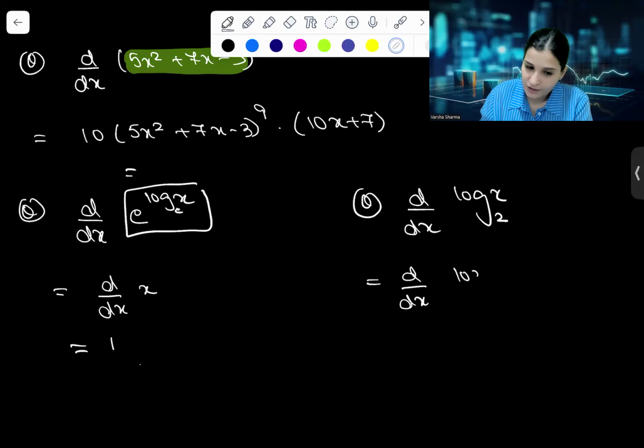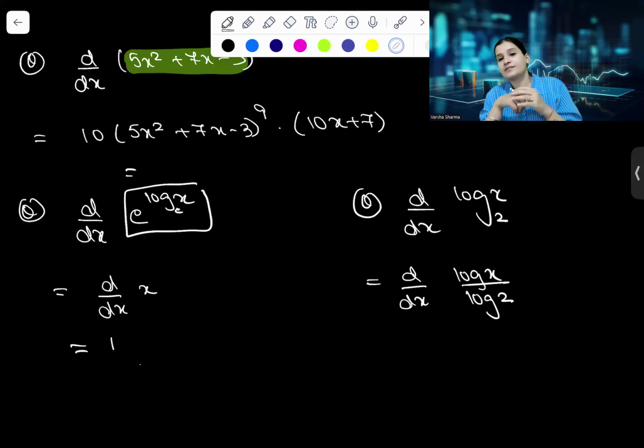Can I not do this, log x divided by log 2? We learned the formula property, na? Log a base b is log a by log b. Yes, ma'am. So I can write this as log x by log 2. And now I haven't written anything in the base, so both of them have base e.